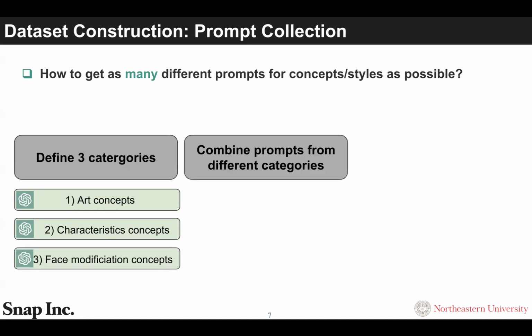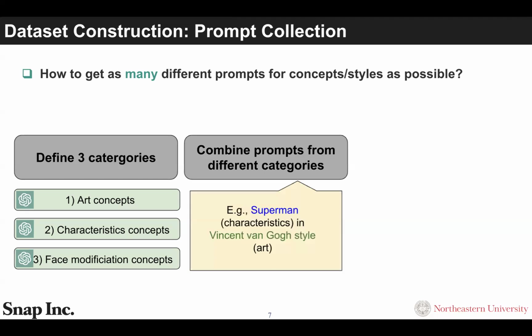Within each category, we use a large language model to ask it to generate different concepts. And here, the large language model is ChatGPT 3.5. And to further enrich the prompt dataset, we permute and combine concepts across different categories. For example, we can get Superman in Vincent van Gogh style.